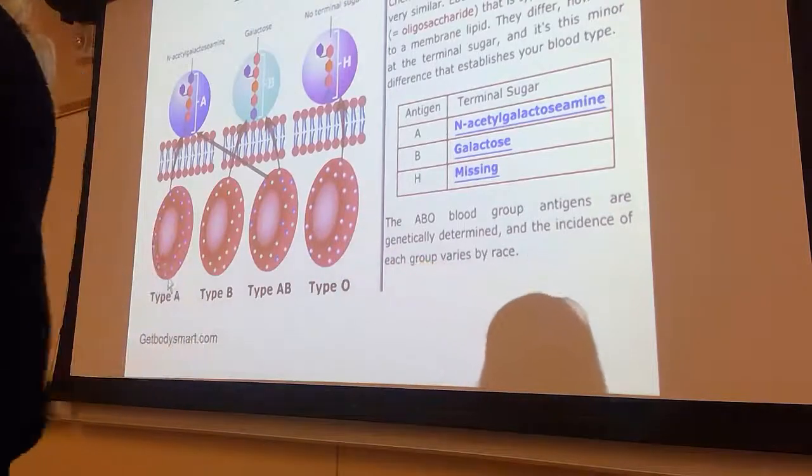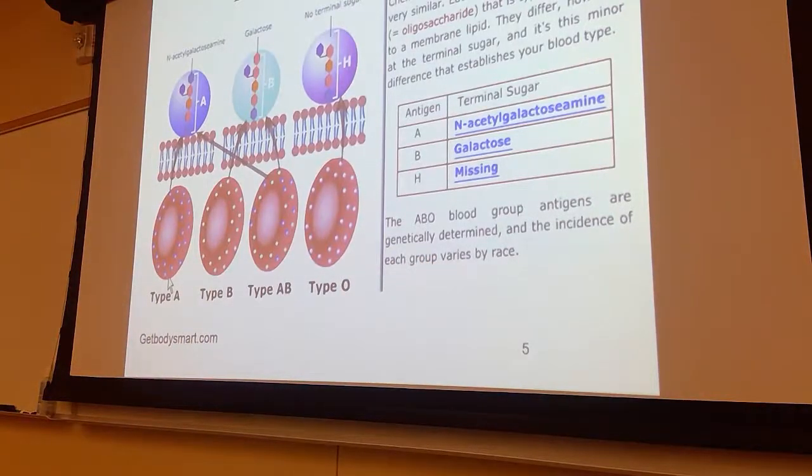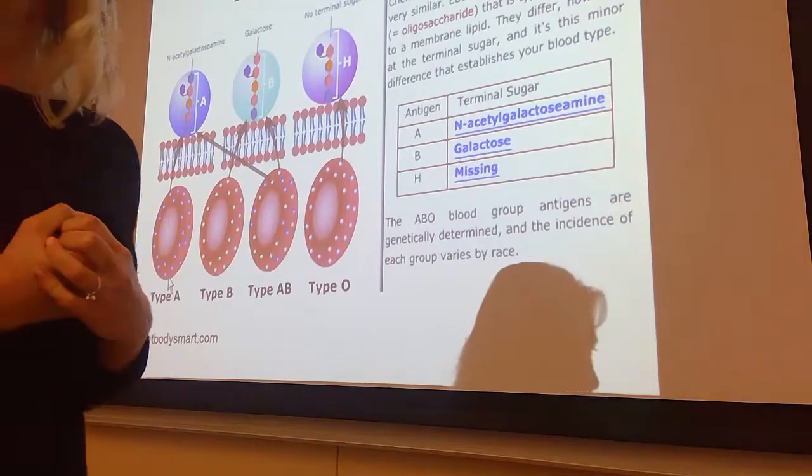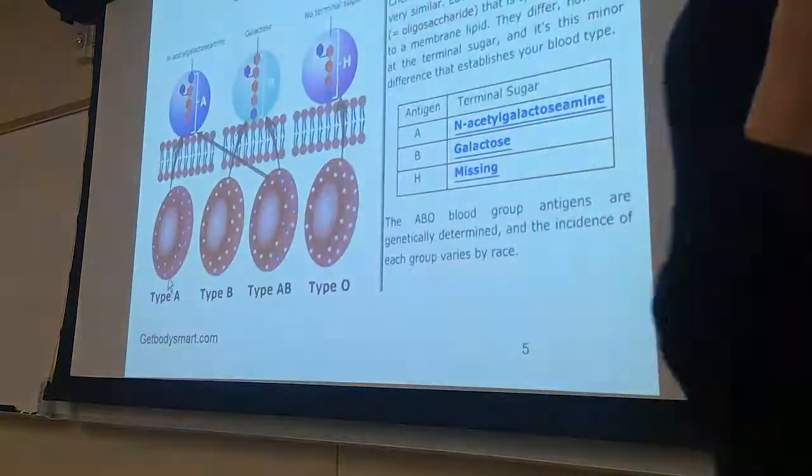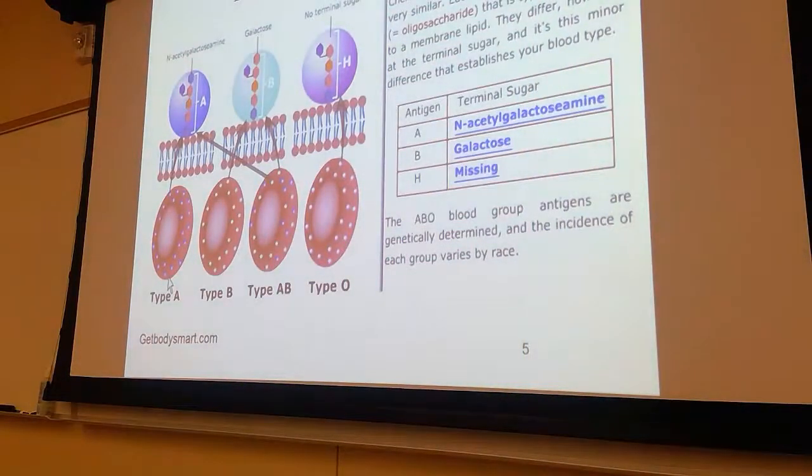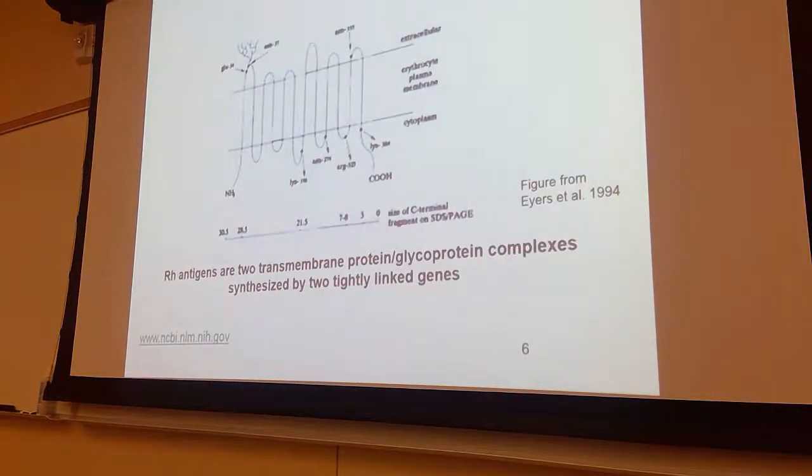The enzyme that puts on N-acetylgalactosamine is a totally different protein than the enzyme that will put on galactose. So we can study the genetics of blood typing. And the RH factor, well, that's even easier. That is a protein, and clearly that is coded for by a gene. So we can study the genetics for both ABO blood types as well as RH factor.